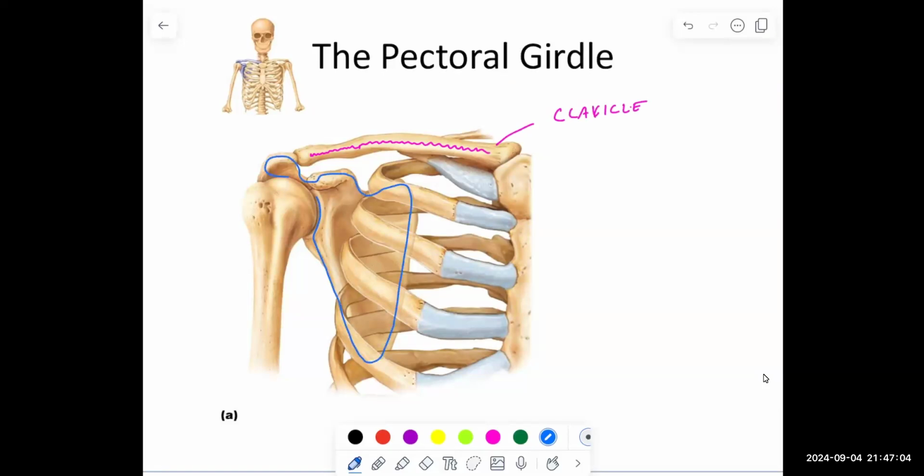What is that one called? The scapula. There are two of them, one on the right side, one on the left side. They make up the pectoral girdle. They are the bones of the shoulder socket.